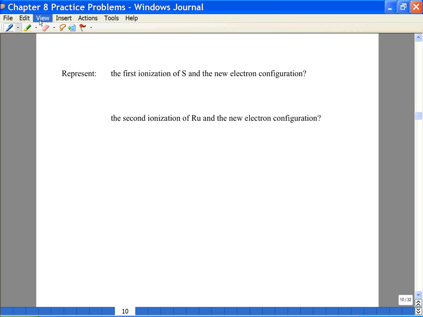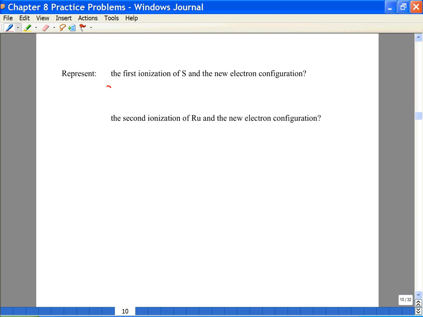Okay, so the next one says represent the first ionization of sulfur and give the new electron configuration. So by definition, what is ionization? Ionization is the removal of an electron. Right?